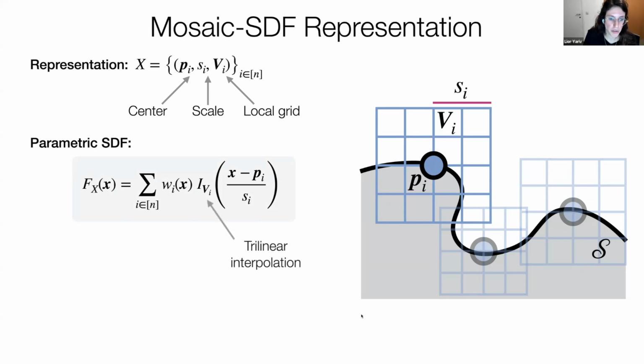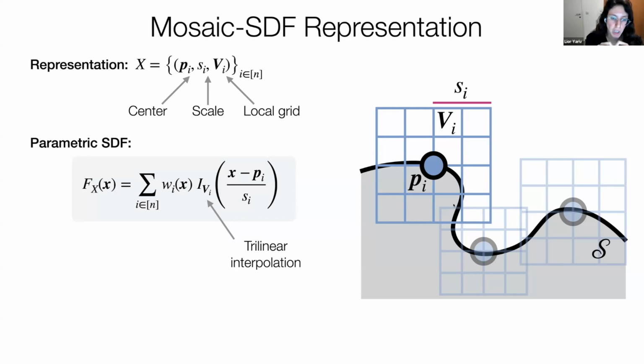First of all, given a point in space, we want to evaluate its local function according to each one of the volumes. Think of a point in a region that overlaps between two volumes. You can evaluate the local function using trilinear interpolation according to one volume and also the other.